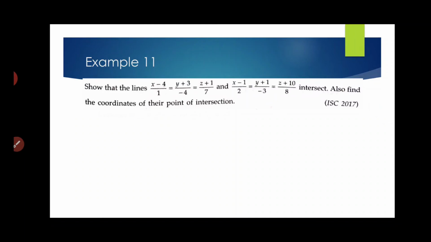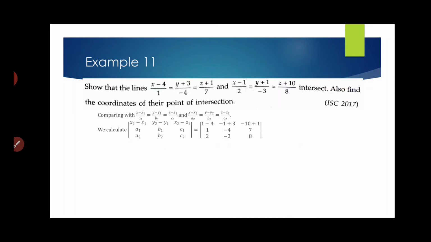So obviously, if you remember the criteria for intersection, that is (a2 minus a1) or (a1 minus a2), both are fine, dot b1 cross b2, this should be 0. So let us do that. Let us first identify which one is x1, y1, z1, x2, y2, z2, a1, b1, c1, and a2, b2, c2.